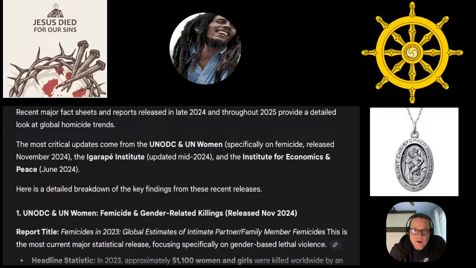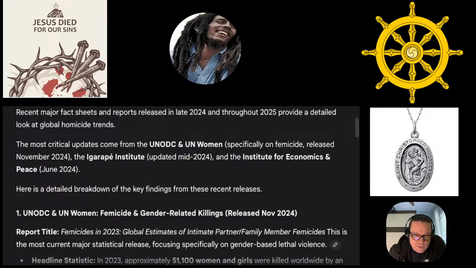These are the stats that came over just recently from late 2024 into 2025, and these are under the new Gemini 3 search engine capabilities. So, unless we're being lied to by the internet, the most accurate stats that we can get. And what it says basically here is the recent major fact sheets and reports released in late 2024 and throughout 2025 provide a detailed look at global homicide trends.